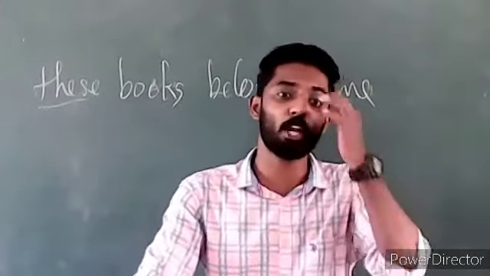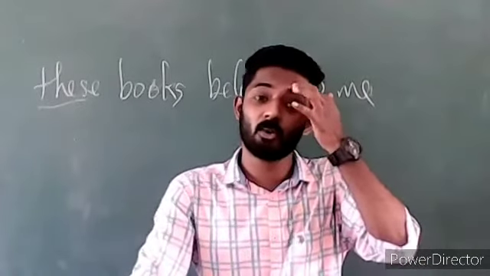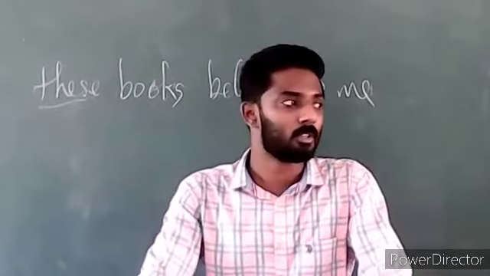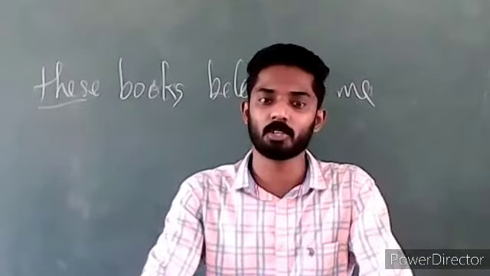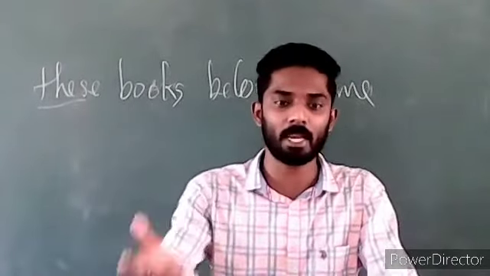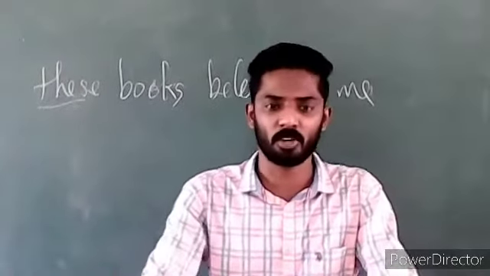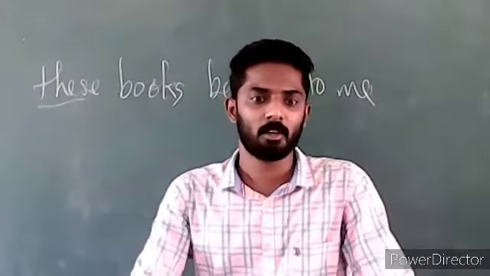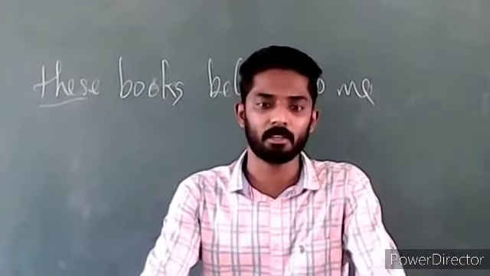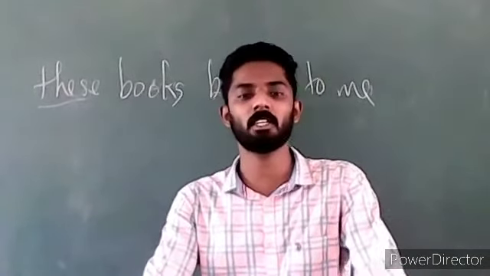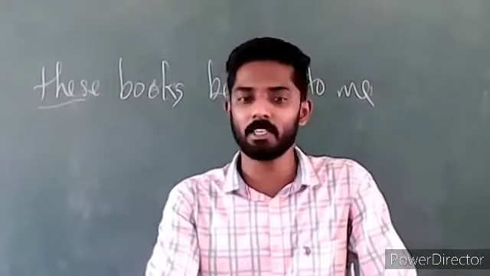And we also have interrogatives, which ask a question. For example, which is your car? What is your name? All these are interrogatives. And then we have possessive adjectives like my, our, your, his, her, its, their. All these are possessive adjectives.